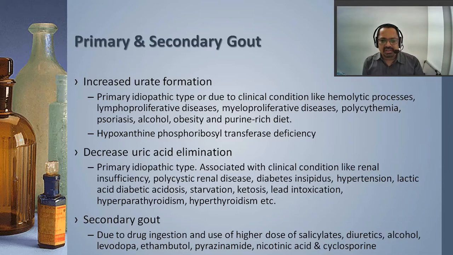Polycystic renal disease, diabetes insipidus, hypertension, lactic acidosis, diabetic ketoacidosis, starvation, ketosis, lead intoxication, hyperthyroidism, and hyperparathyroidism. These are the conditions where uric acid elimination will be decreased. So elevated urate formation or decreased elimination, these are the two conditions that may lead to gouty arthritis.